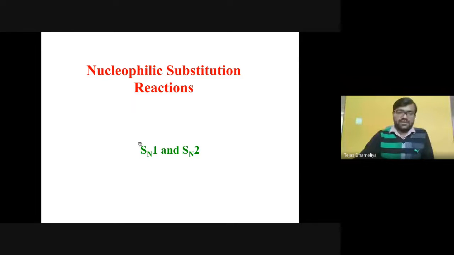So in this kind of reaction we are going to touch upon majorly the types called SN1 and SN2. These SN1 and SN2 reactions are more important, and majorly there are 2 types of these substitution reactions. So friends, let us learn this.